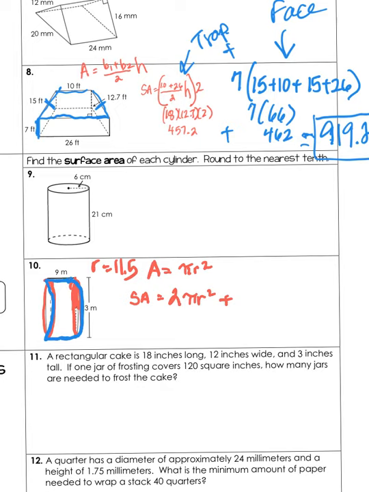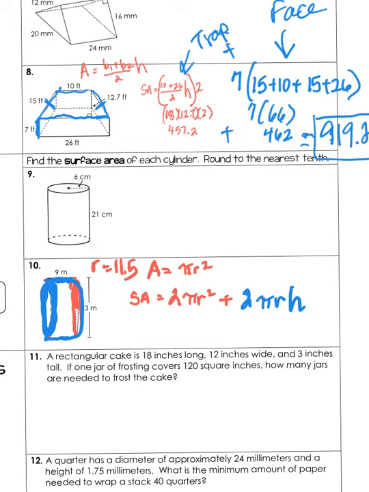And the rectangle is 9 millimeters high, but this right here is how wide it is. And that is the circumference of the circle. So circumference is 2 pi r. Then we need to take it times the height.